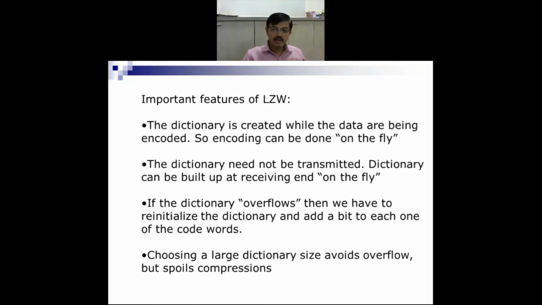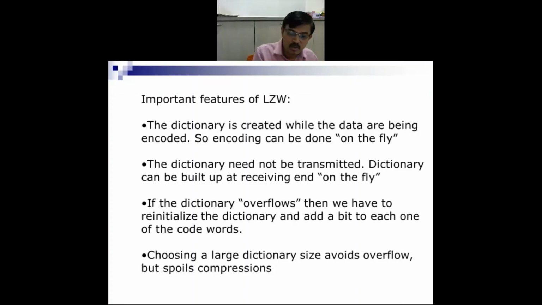So to conclude this Lempel-Ziv-Welch, what important features did we observe? First feature, the dictionary is created while the data are being encoded, so encoding can be done on the fly. Whereas if you look at the Shannon-Fano and Huffman case, the encoding was not on the fly. You require the prior knowledge of probability.